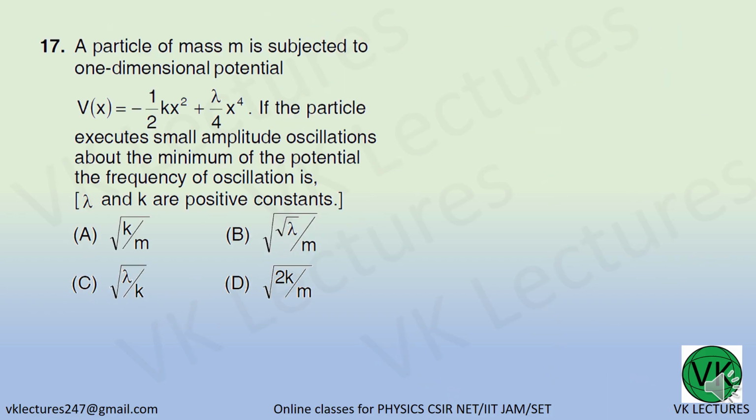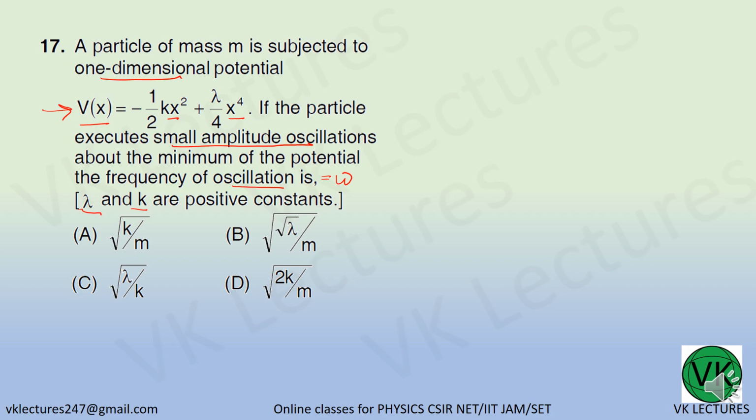A particle of mass m is subjected to a one-dimensional potential V(x) = -½kx² + (λ/4)x⁴. If the particle executes small amplitude oscillation about the minimum of the potential, the frequency of oscillation is, so we have to find omega. Lambda and k in the given equation for V are positive constants.